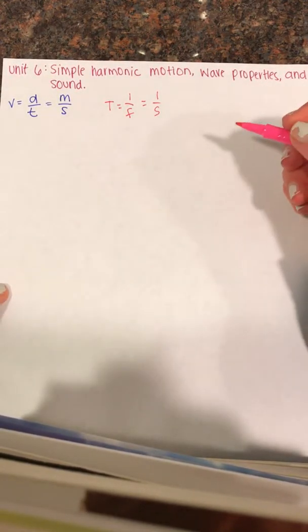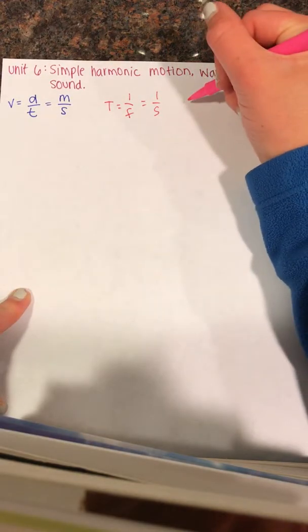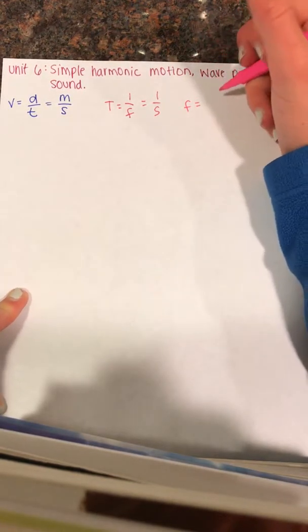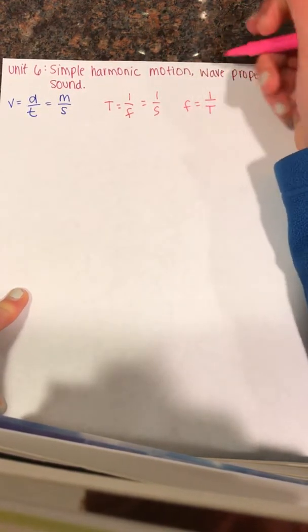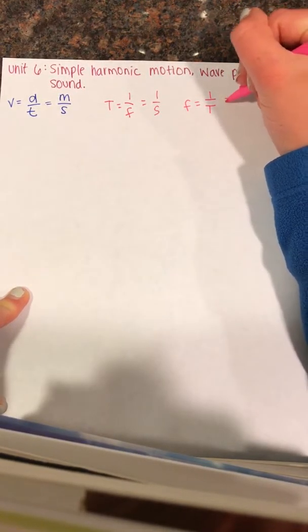Frequency is the number of cycles or oscillations completed per second, and that is measured in hertz, or 1 over second. So the equation for this will be F, frequency, equals 1 over T, the period, which will equal 1 over seconds as the units.